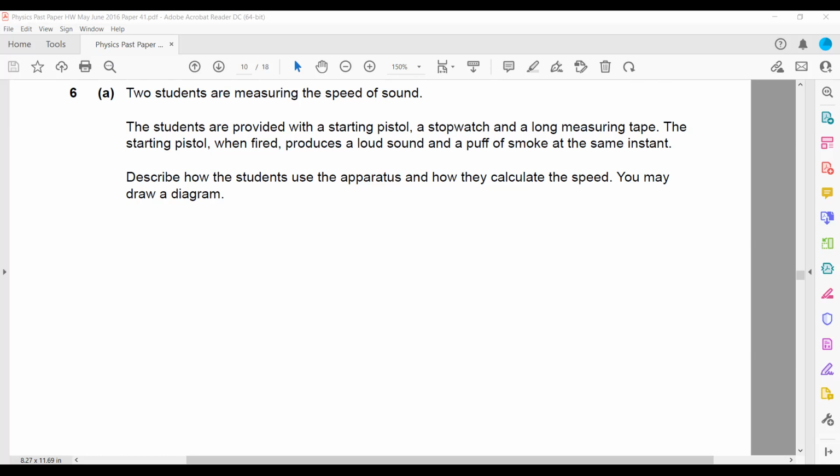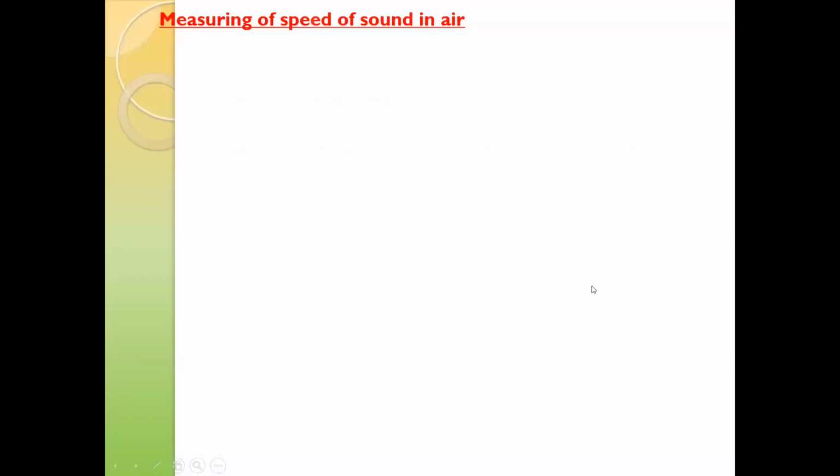Two people can perform this experiment. A person at position A fires a shell, and the person at position B measures the speed of sound in air.